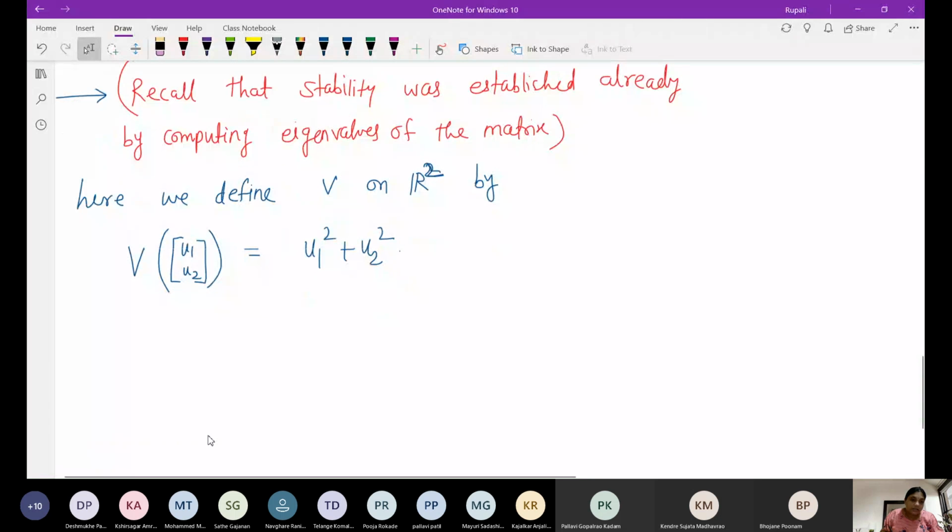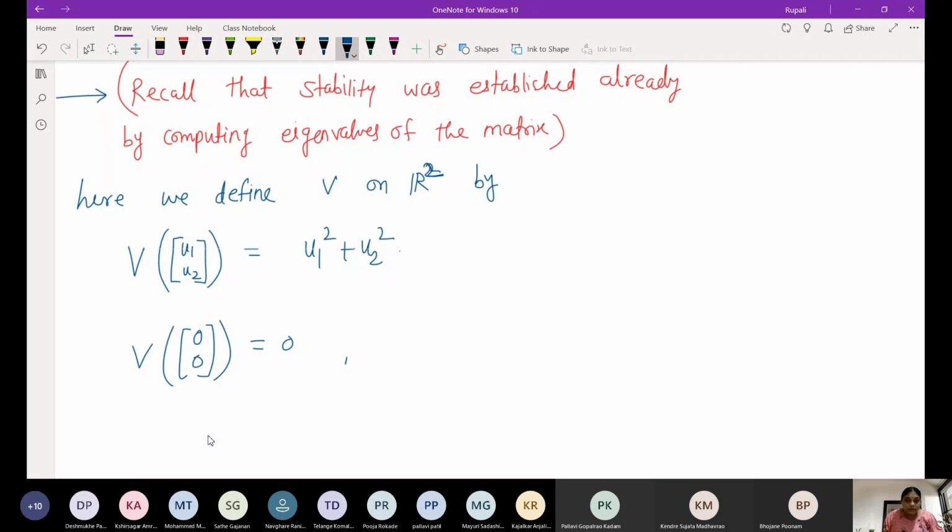So what is the value of V at 0, 0 at the origin? It is 0, since 0 square plus 0 square is 0. And what about other points? At other points except 0, this must be strictly greater than 0, whatever the point, plus or minus, because it is a square.